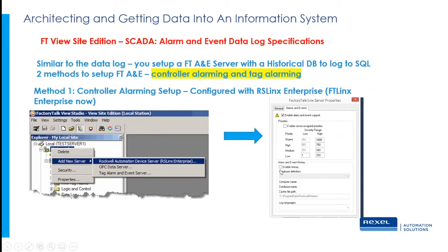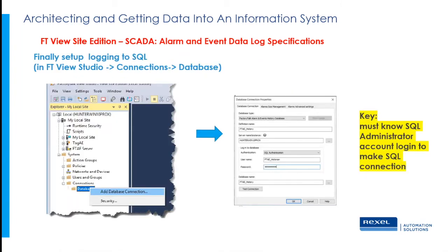And then finally you would click enable history and connect it into your database. Something like this where you add a database connection. So it's kind of key when you're connecting into SQL, right? You've got to know your SQL administrator account login to make sure that VUSC can make that connection in the SQL.